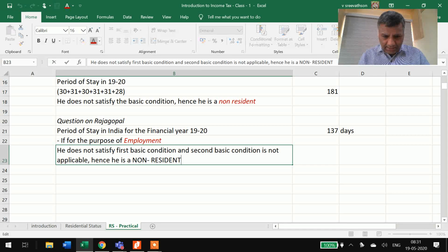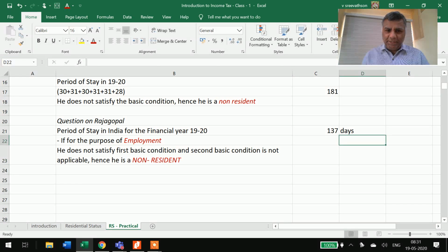The second basic condition has an exception and applies only for non-employment purposes. So he is a non-resident.